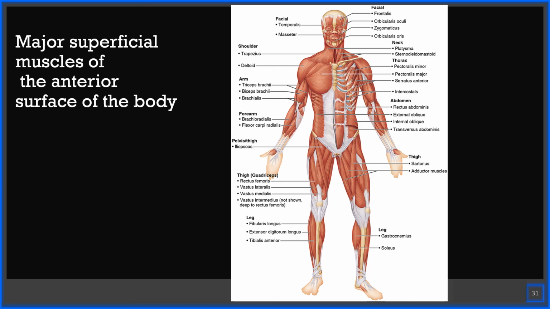And honestly, the best way to grasp where these things are is just to study. So I encourage you to use your coloring book against the image in the text and label that, and maybe consider making note cards to memorize origins and insertions and what the primary actions of each of these muscles are.